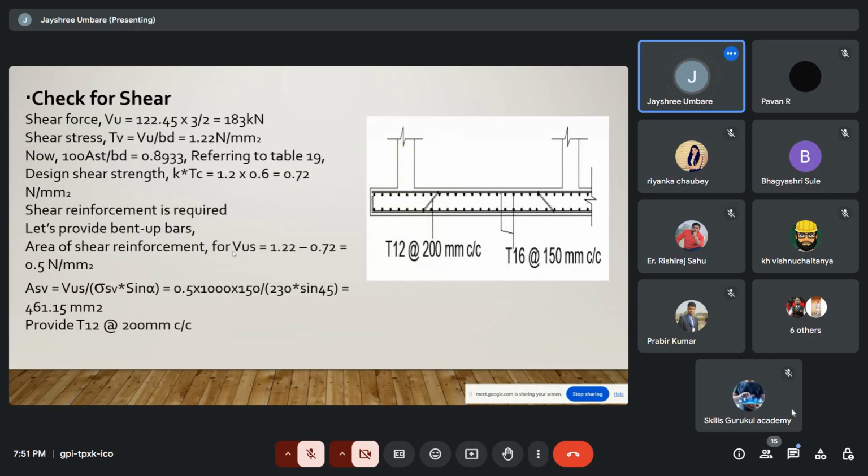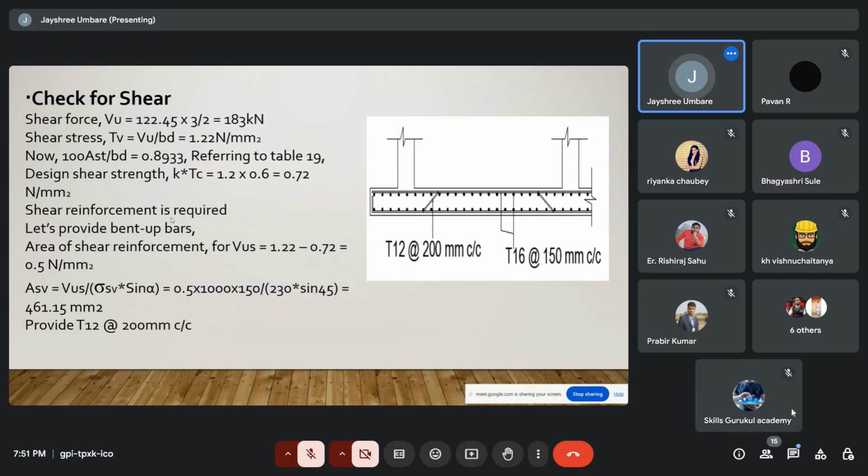Check for shear. These are the formulas for checking shear. It becomes 183 kilonewton. Shear stress tau v is equal to V by b d, which is 1.22 Newton per mm square. Now 100 Ast by b d is obtained, and this is from IS 456.